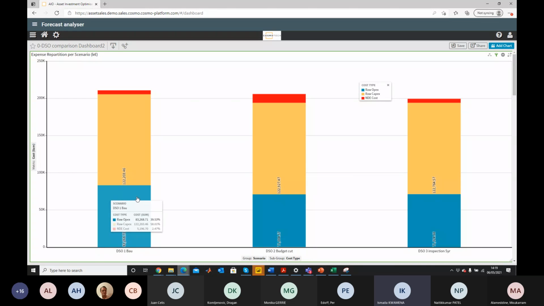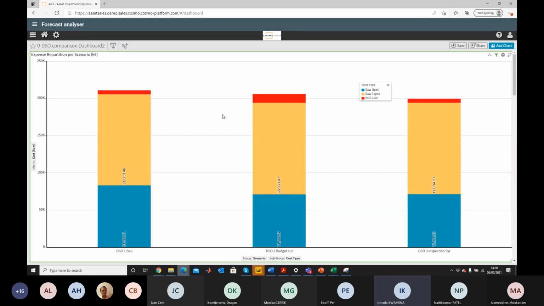So this blue section here represents the raw OPEX, the yellow represents the raw CAPEX, and the red represents the NDE. The NDE stands for non-delivered energy, which represents the risk of energy not being delivered to the required population.